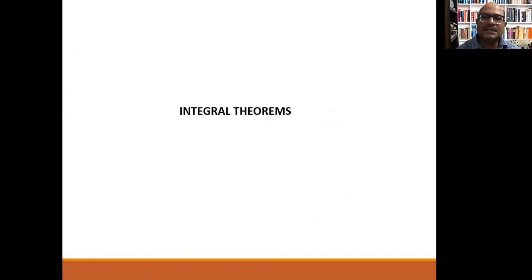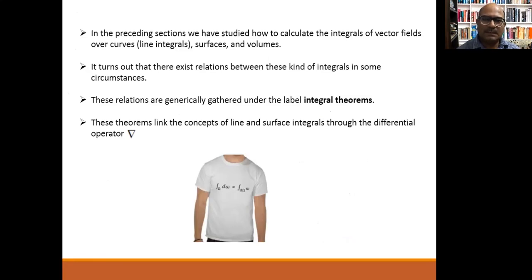Now to move ahead, we have to see the integral theorems. First, we are trying to see what these integral theorems comprise. We have seen that there are line integrals, surface integrals, and volume integrals, but there exists a relation between these kinds of integrals. In certain circumstances, we have to correlate a line integral with a volume integral, or a volume integral with a surface integral, or a surface integral with a line integral, and vice versa.